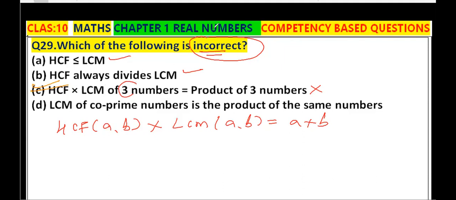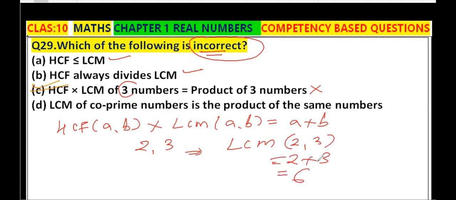Let us also check the fourth part: the LCM of co-prime numbers is the product of the numbers. That is correct. See, 2 and 3 are co-prime numbers, meaning they have nothing in common, so their LCM will equal their product, 2 into 3, that is 6. Also, the SCF of co-prime numbers is always 1. But in this question, C is the correct option.